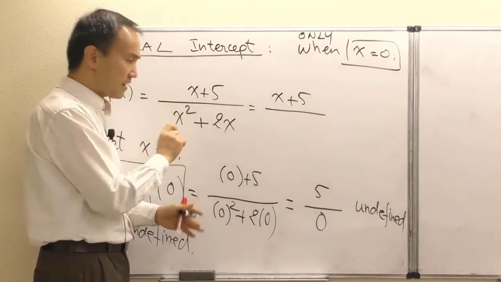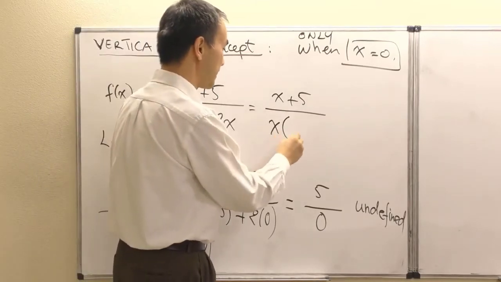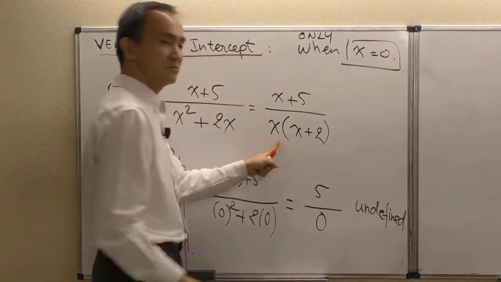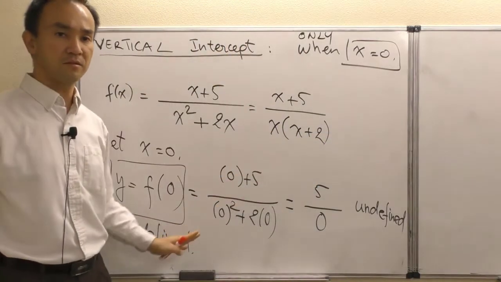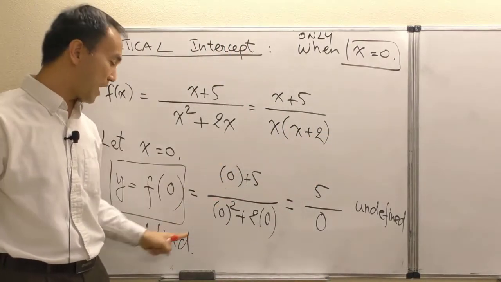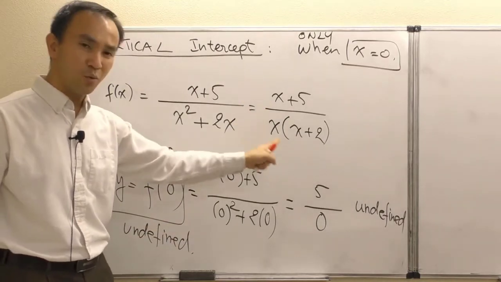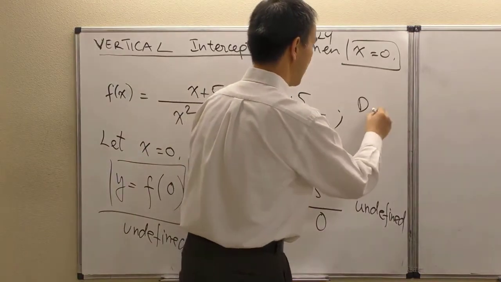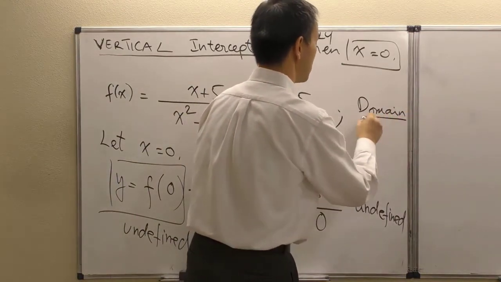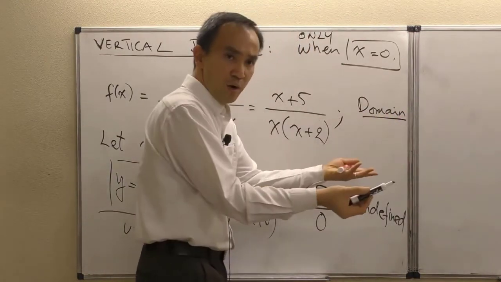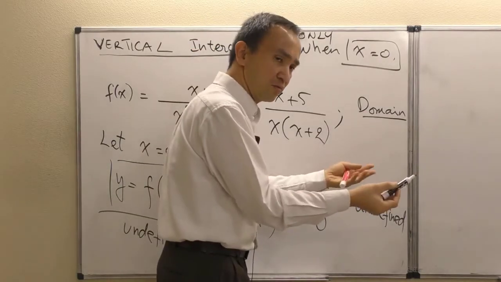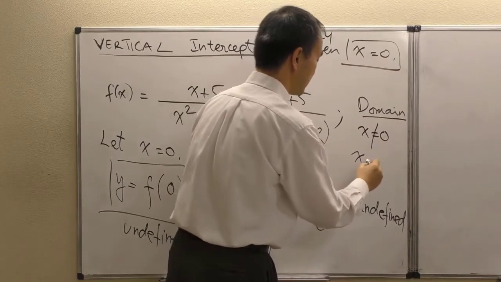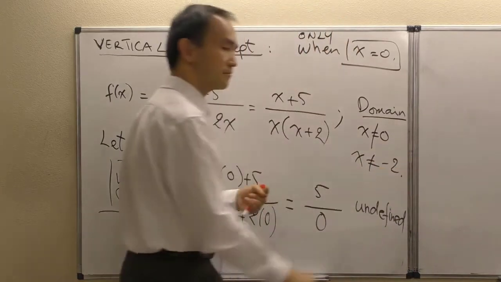The denominator can be further put into factor form as x times x plus 2. Now the mystery becomes clear, explaining why we had an undefined output: this function has a domain of any x values on the real line except x equals 0 and except x equals -2.